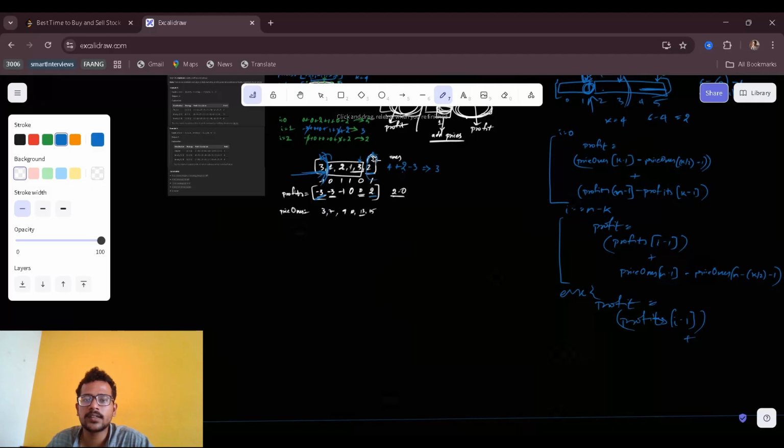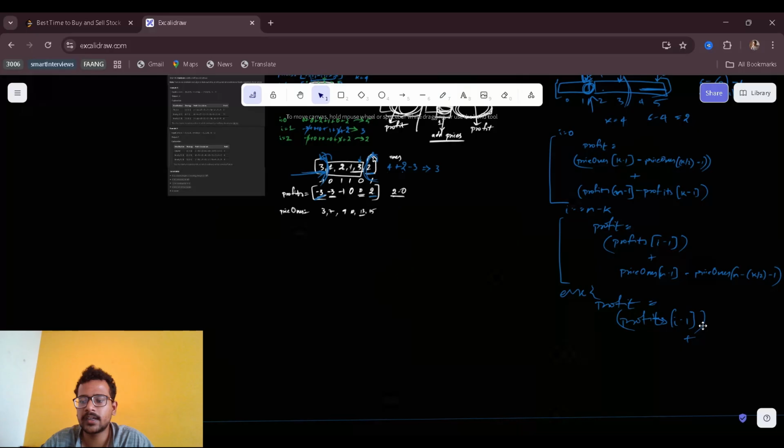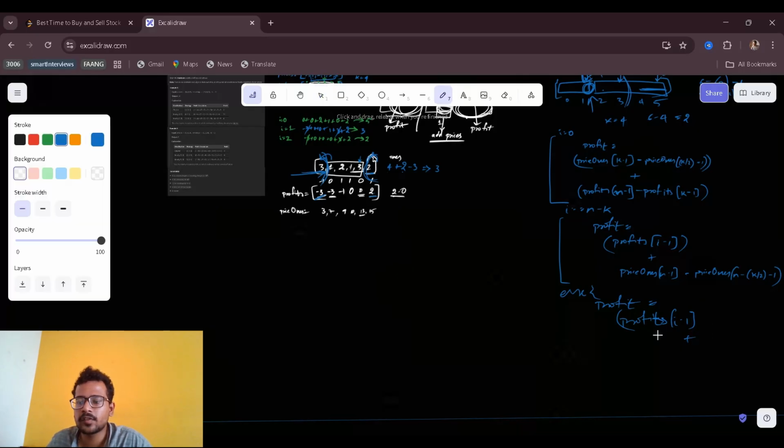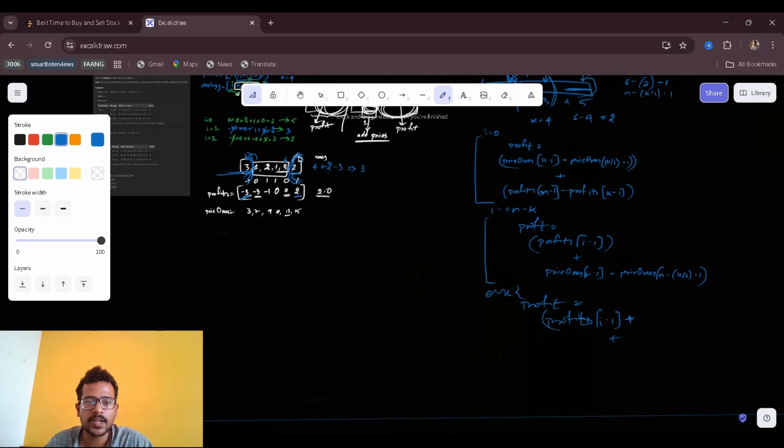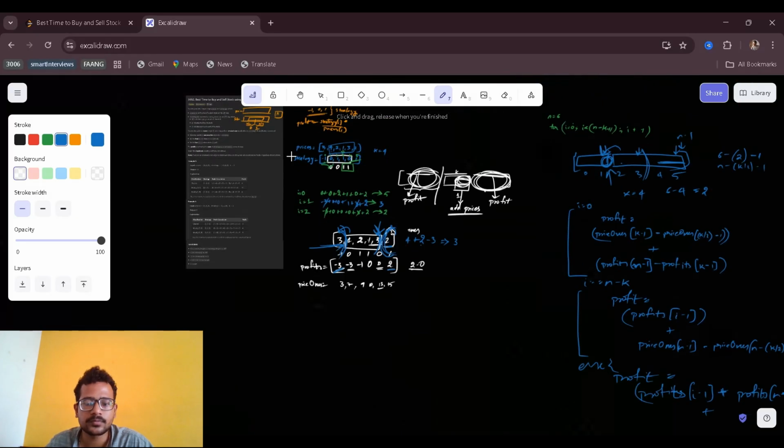Now, how do I get the right side profit? I'll tell you. So, let us add that here itself. So, profits of I minus 1 plus, how do I get this profits? I get it by removing till here. So, profits of n minus 1 minus, what is it here?